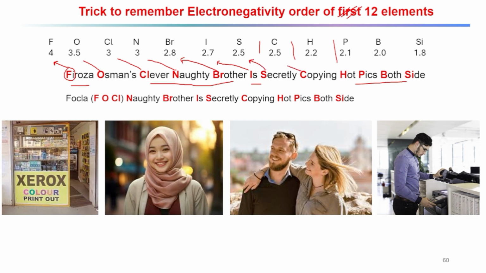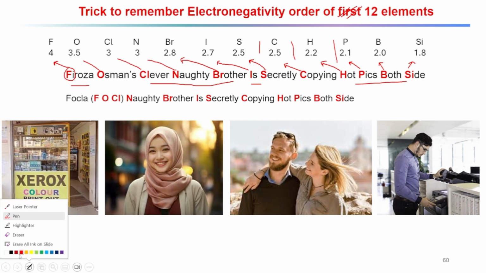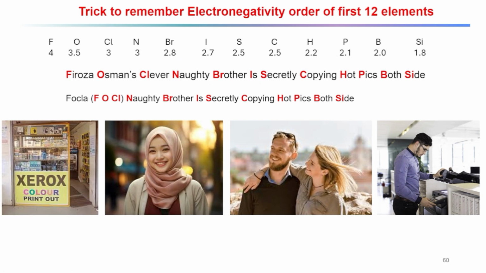From copying, carbon. And what is he copying? He is copying hot pics. So from hot, H stands for hydrogen, P stands for phosphorus. Both side, B stands for boron, and in this side, Si stands for silicon. So you can remember: Firoza Osman's clever naughty brother is secretly copying hot pics both side.